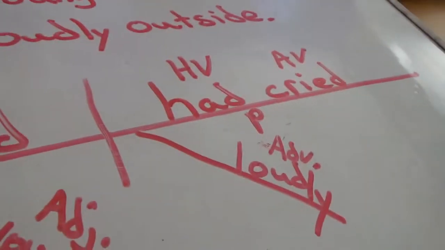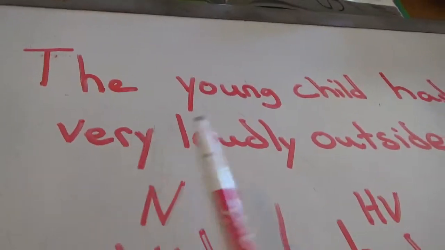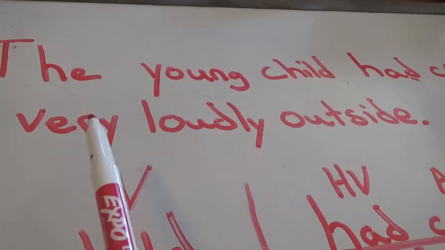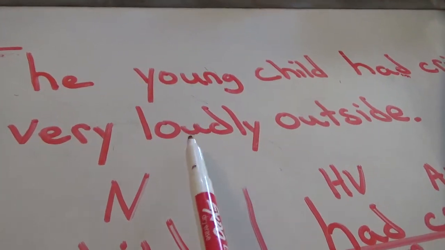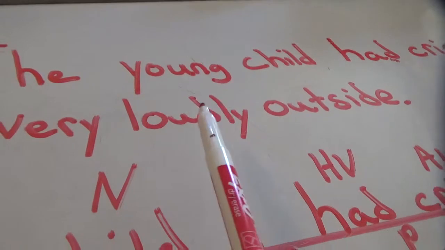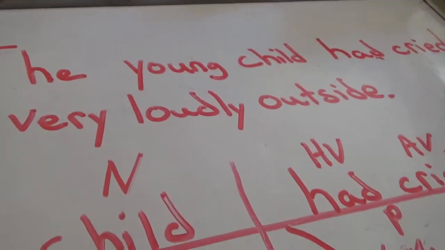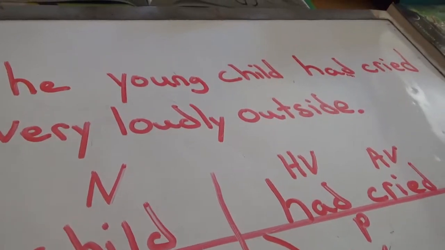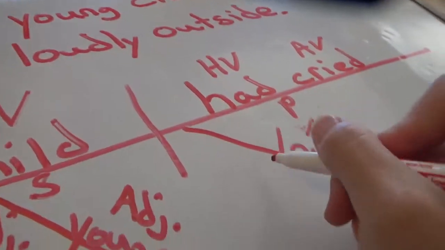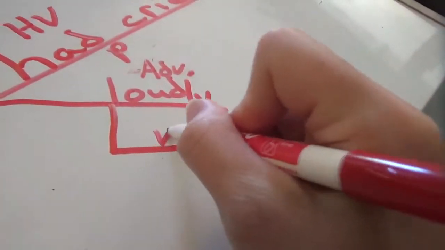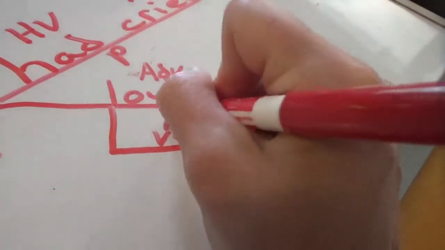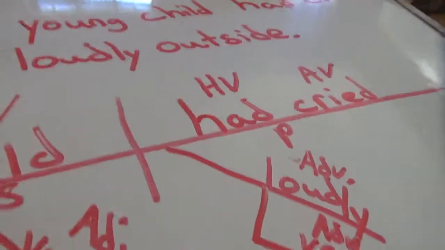Okay, so what about very though? What word does very modify? It's not very outside, it's very loudly. Very modifies loudly. What part of speech modifies an adverb? An adverb. Adverbs can modify other adverbs. It's that one that's telling to what extent. Loudly to what extent, or how loudly? Very loudly. And when an adverb, remember, modifies another adverb, it just goes like this. ADV for adverb. Okay, so we have very loudly.